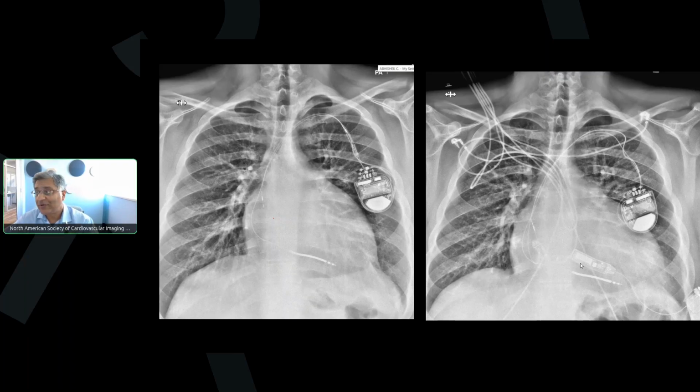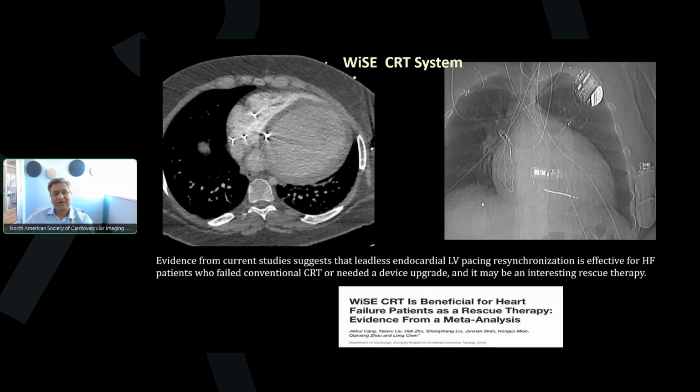This was something new for us. We had not seen it before. And taking it a bit further, you can see that this is called a WISE CRT system. And what we have over here is a CT from the same patient. This is the lead. This is usually placed in the left ventricle side.